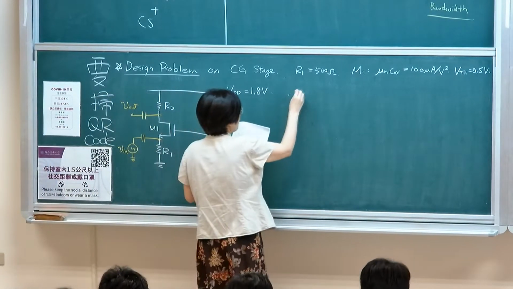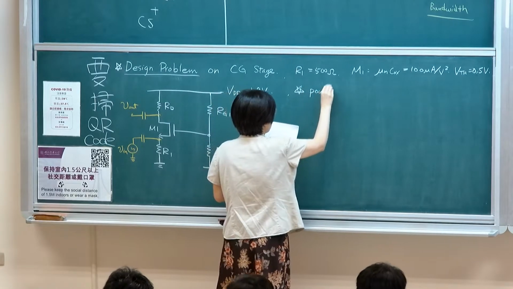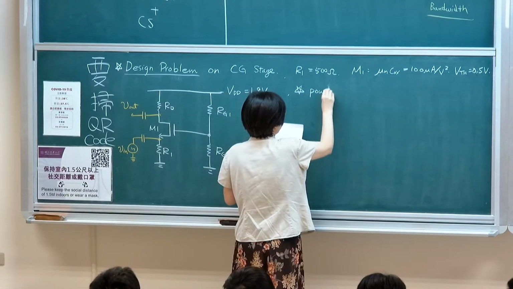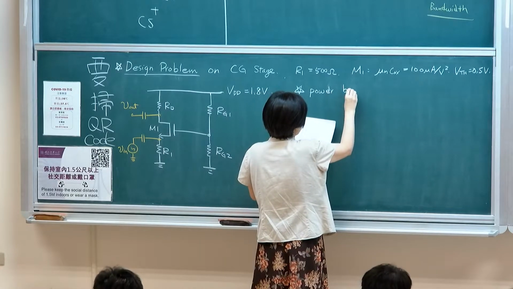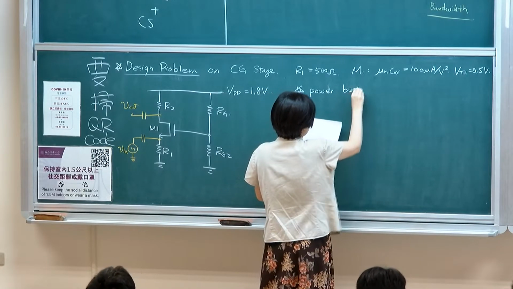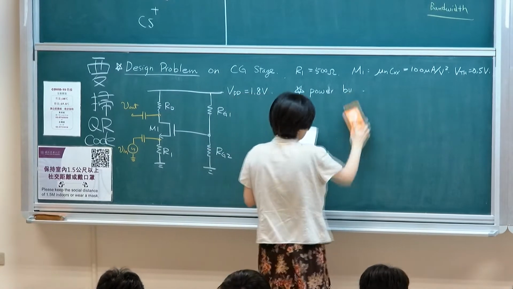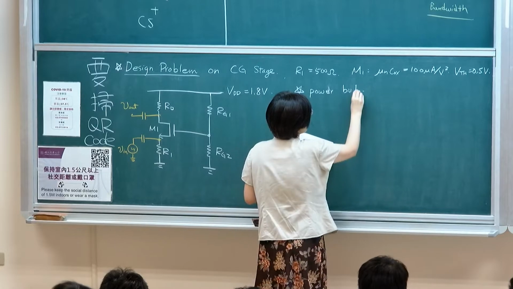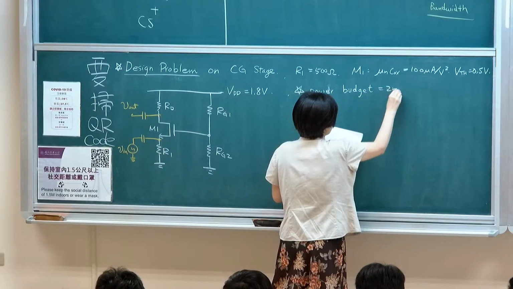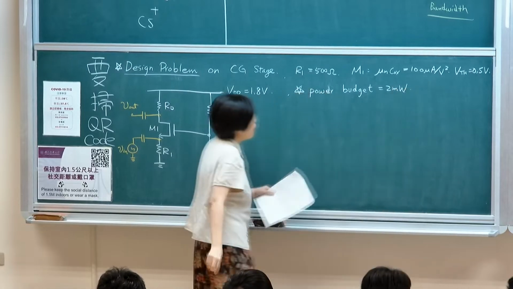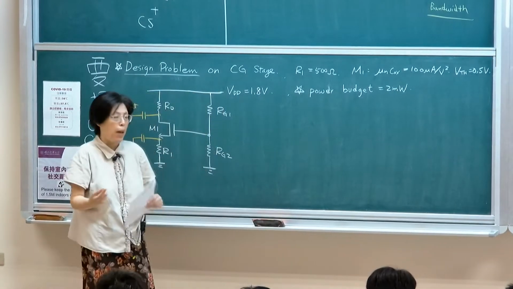And then I have two specs. The first is the power budget, meaning the maximum power that can be dissipated by the circuit. The power budget is set to 2 milliwatt. And then I need to design to meet a certain spec.